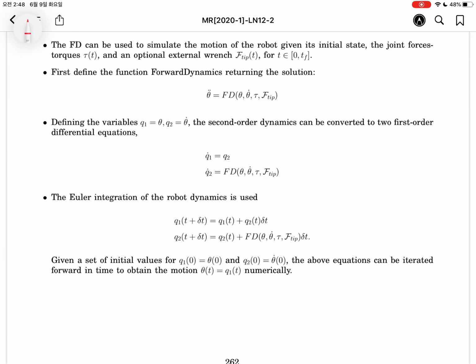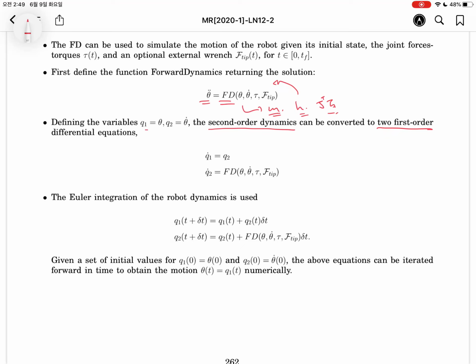Okay, the forward dynamics case in here, maybe it has the M and H and the J transpose F. Both terms are included to here. Okay. So the result will be the theta 2 dot. Okay, in order to convert the second order dynamics into two first order, we will extend the state vector to the 2n dimensional.